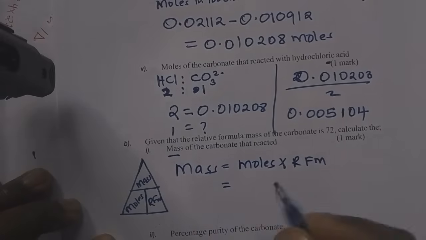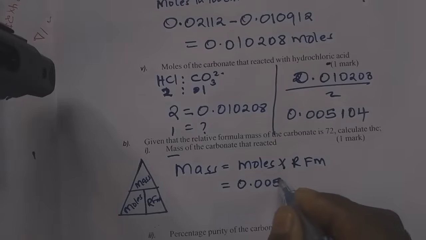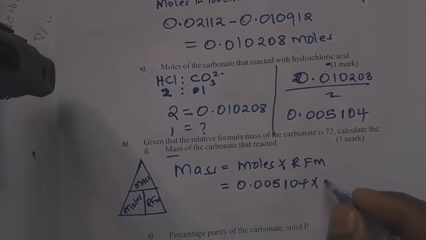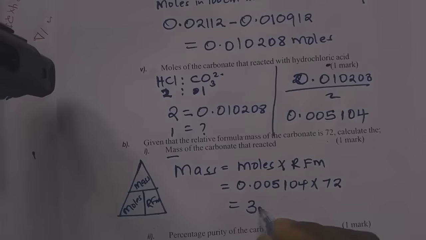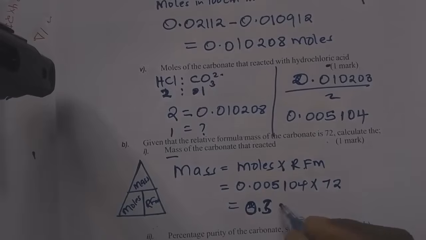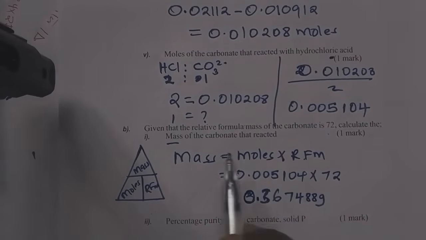Our moles is 0.005104 times RFM. You have been given 72, and that gives you 0.7488 grams. So this is the mass of the carbonate that reacted.